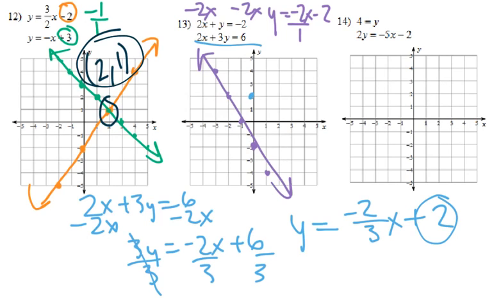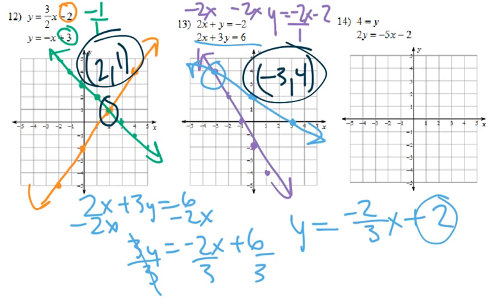So positive 2, down 2 to the right 3, or up 2 to the left 3. You can see where it intersects at negative 3, positive 4. There's our answer. That's the point that works for both the x and the y, and will get us a solution.